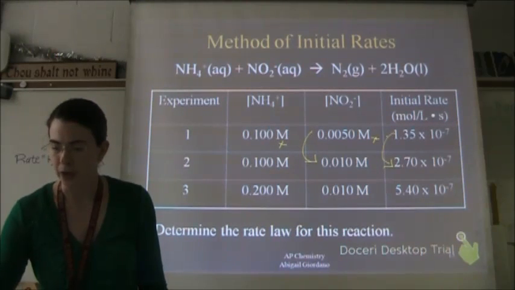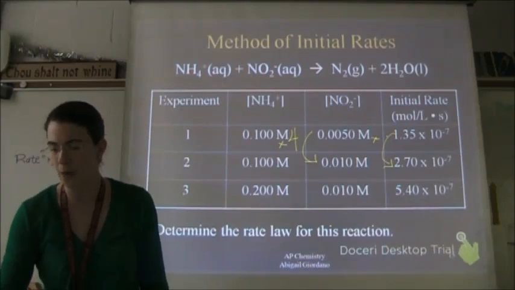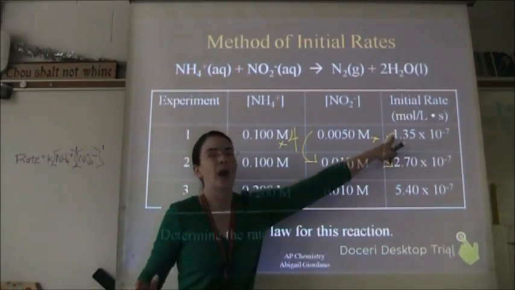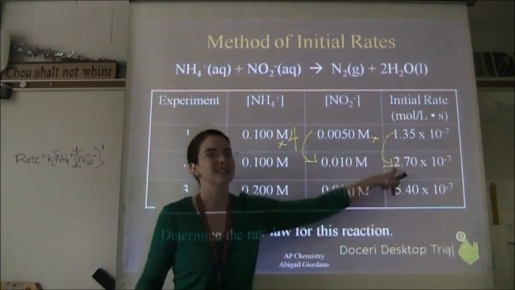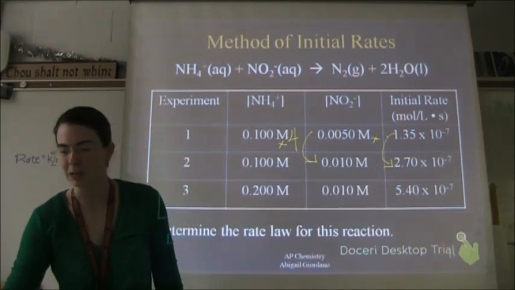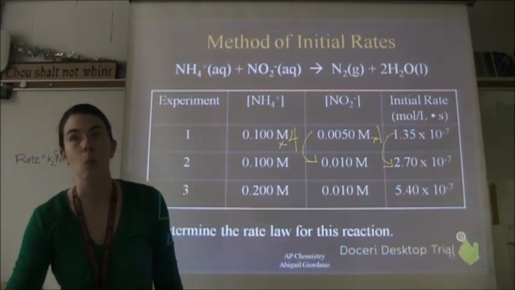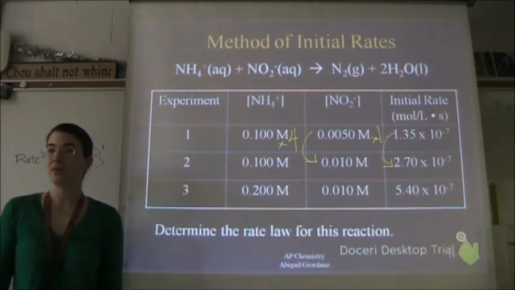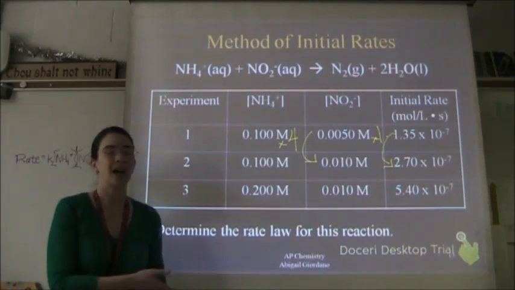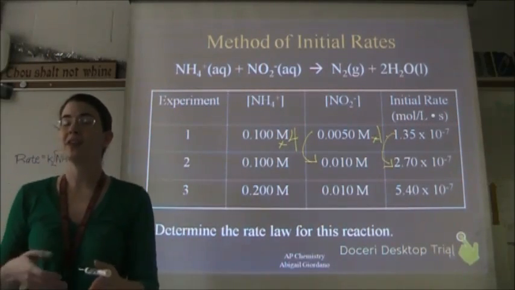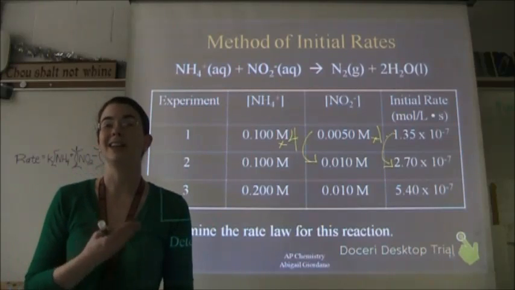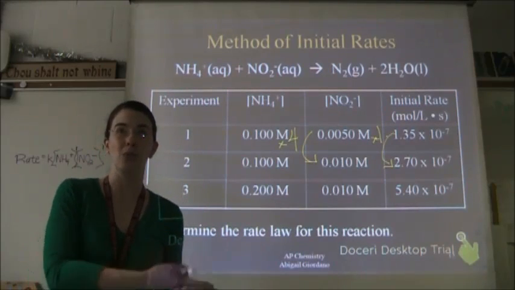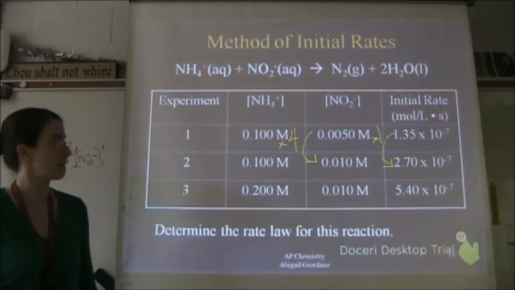One final situation. This is multiplied by 4, and the rate doesn't change, meaning it's multiplied by 1. Your exponent would be 0. In case you haven't noticed, guys, your exponents will be whole numbers. 0, 1, 2, 3. Okay.